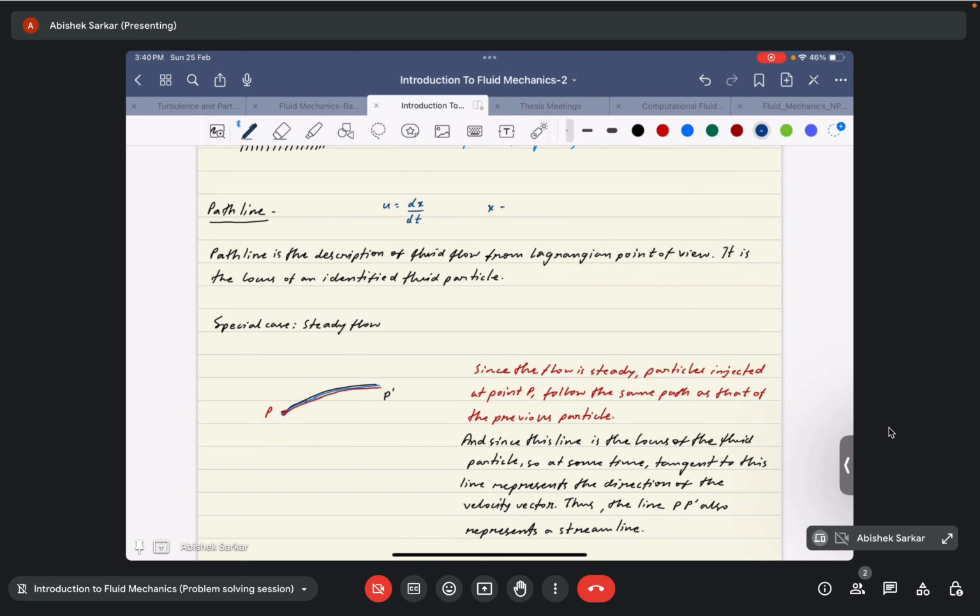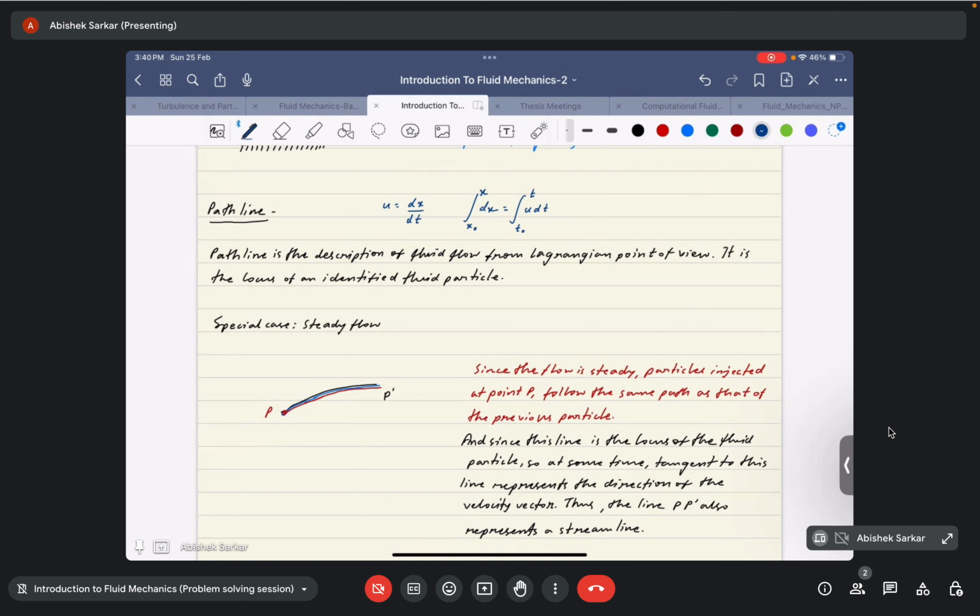So dx would be the integral of u dt from the initial time t naught to any time t, and from the initial position x naught to the corresponding coordinate at time t equal to t.